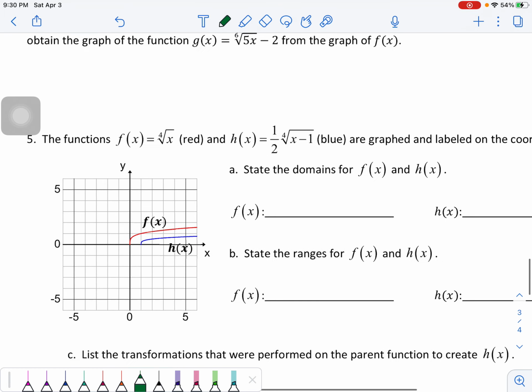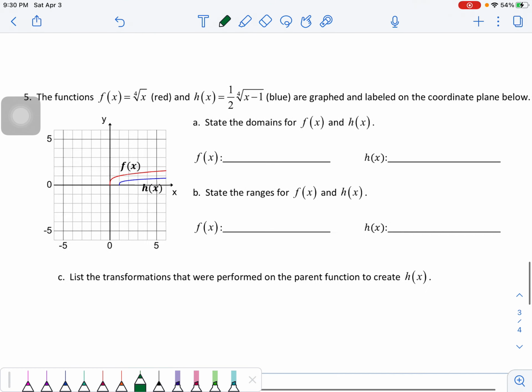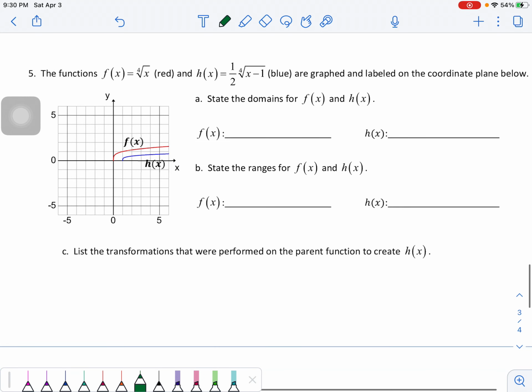All right, number 5. Let's see what we got going on here for number 5. All right, the fourth root of x, which is in red, and the h of x function, which is in blue, are graphed and labeled on the coordinate plane below. State the domain for f of x and h of x.